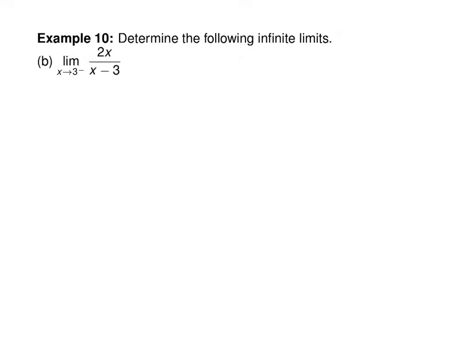Okay, same thing, but 3 minus. So your numerator still goes to 6, because you're still getting close to 3. 2 times 3 is 6. And your denominator, as x goes to 3 minus, x is a little bit less than 3, right? Think about what numbers you'd pick: 2.9, 2.99, 2.9999999, right?